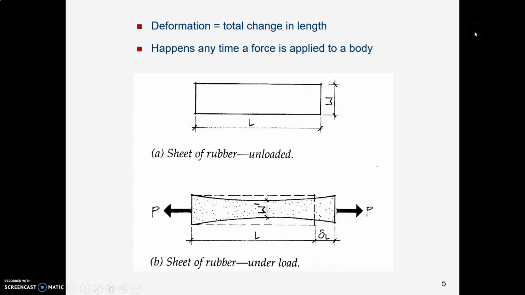So deformation is a change in length, and that happens anytime you apply tension and stretch a body, or you apply compression and you shorten a body. It always happens. And in this picture of a rubber sheet getting stretched, you can see here's the original length of the sheet of rubber, and here's the deformation, here's the change in length as it got a little bit longer.